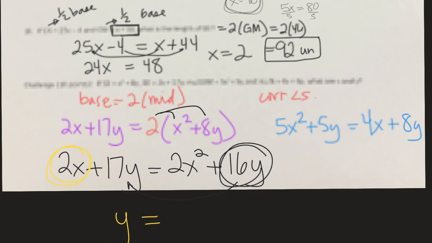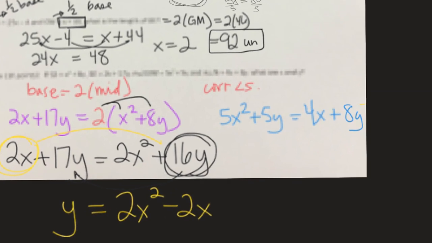Let's move our 2x over to the other side also, because I have a feeling we're going to be doing some substituting. Okay, so I have solved that equation for y. And 2x squared minus 2x is the equation that goes along with y.